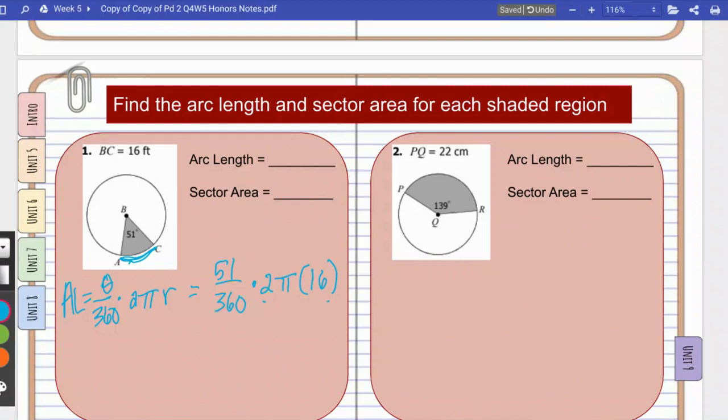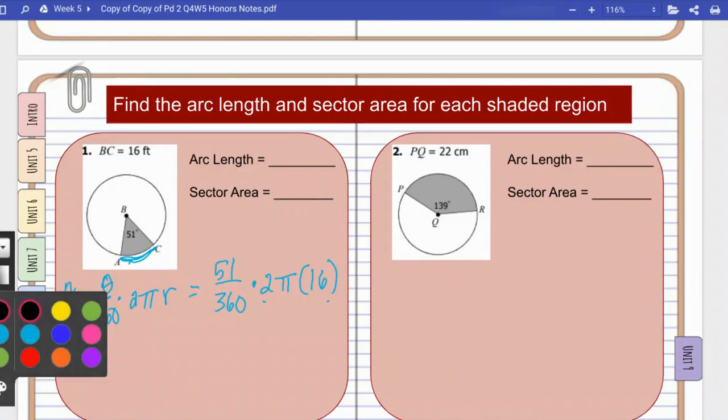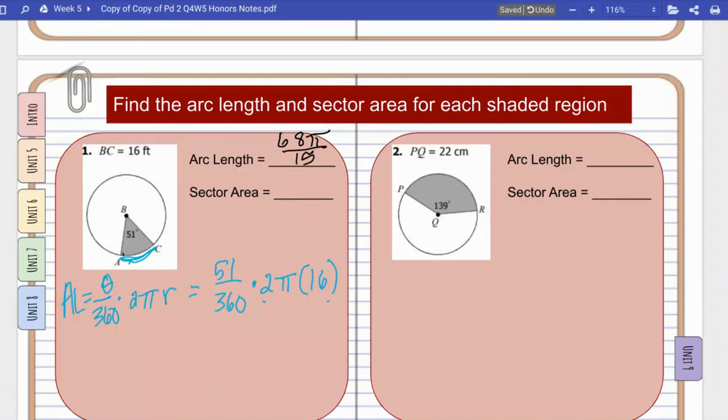So my fraction is going to be 68 pi, we're going to keep it in terms of pi, over 15. That's how much the distance is from A to C. Now, of course, the entire circumference around the circle is just going to be 32 pi, but we only want it 51 degrees out of 360.